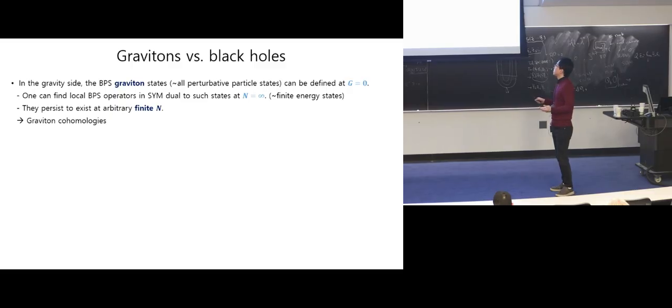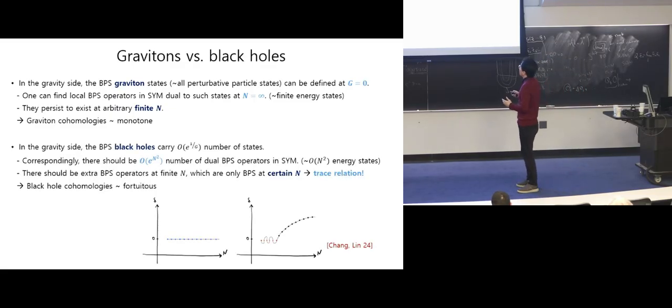What I mean by graviton is not only gravitons, but all perturbative particle states like scalars, fermions, photons on the gravity side, and they can be defined at zero Newton coupling in the free theory. And one can find local BPS operators in super Yang-Mills dual to such states at N equals infinity, which carry finite energy. And you can show that they persist to exist at arbitrary finite N. So if you construct these operators at N equals infinity, you can just use them at arbitrary finite N. They remain BPS. So these are the graviton cohomologies.